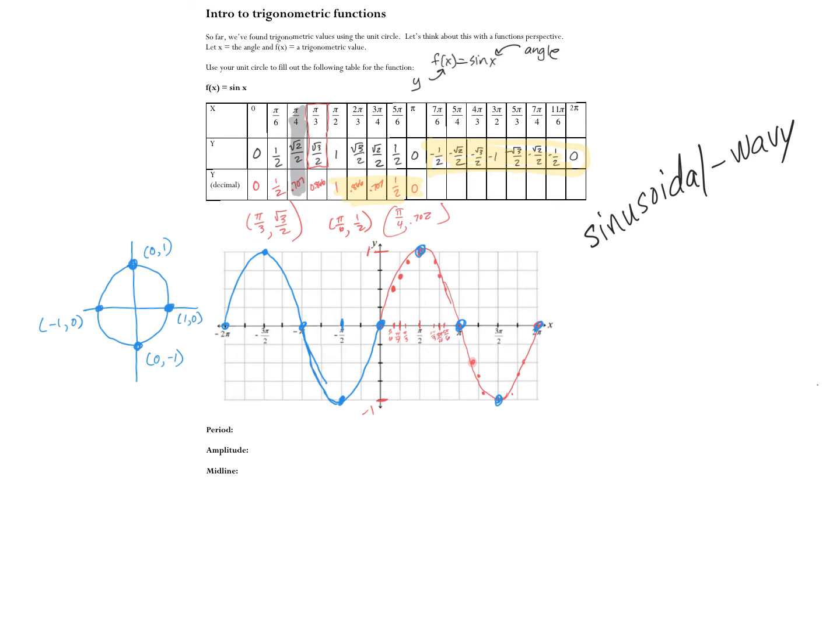What else do you notice? It's consistent. What do you mean by that? It's just predictable because it goes up, then down, then up, then down. But it continues forever, yeah? Yeah, so it would just go up and down each time.